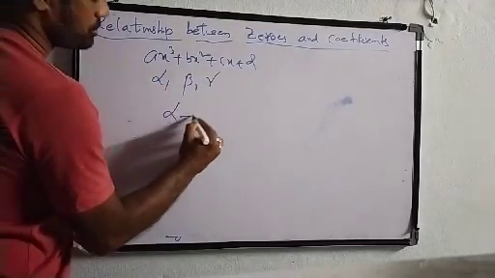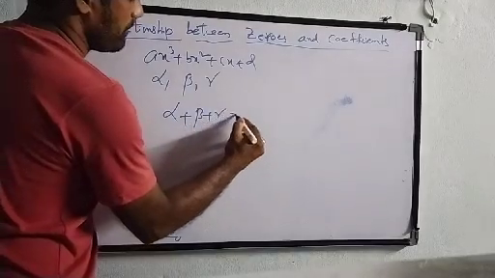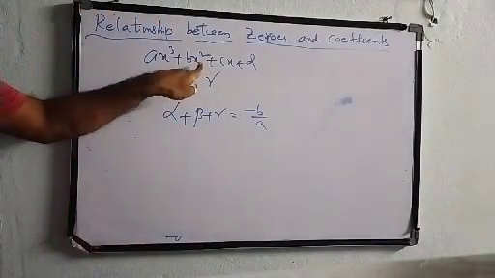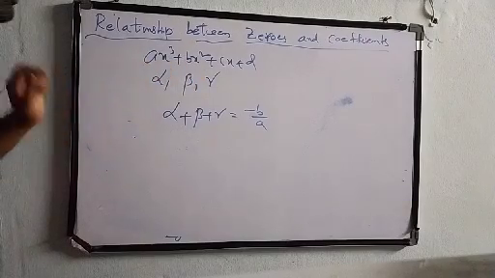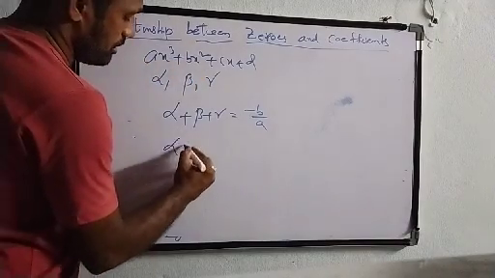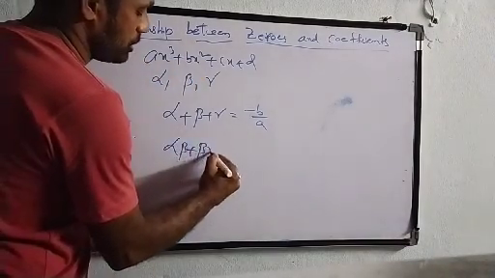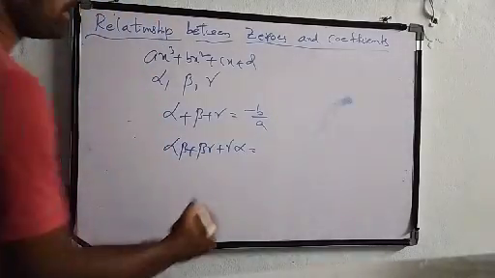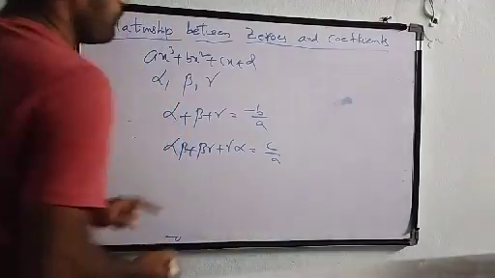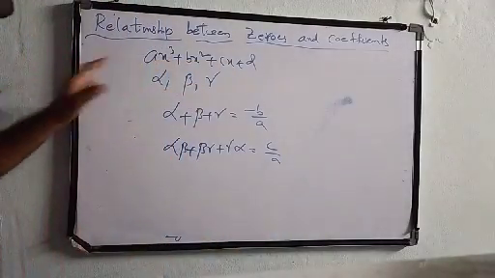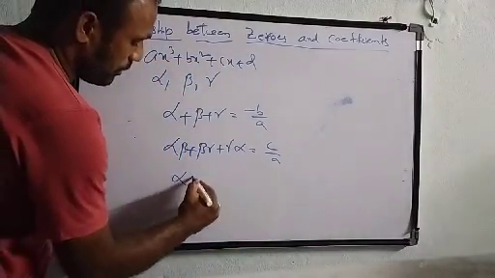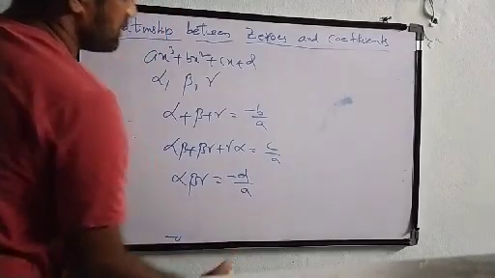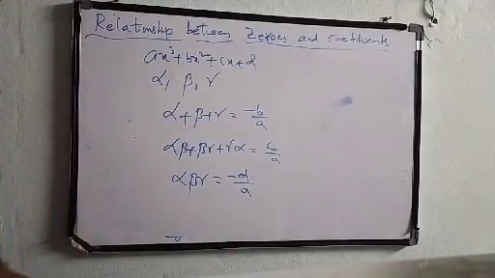The sum of the zeros, alpha plus beta plus gamma, is given as minus b by a, which is minus of coefficient of x square by coefficient of x cube. The sum of the zeros taken two at a time is c by a, which is nothing but coefficient of x by coefficient of x cube. The product of the zeros is minus d by a, that is minus constant term by coefficient of x cube.